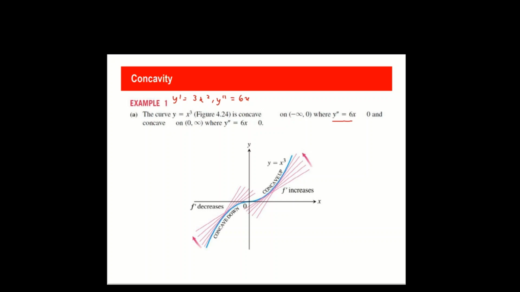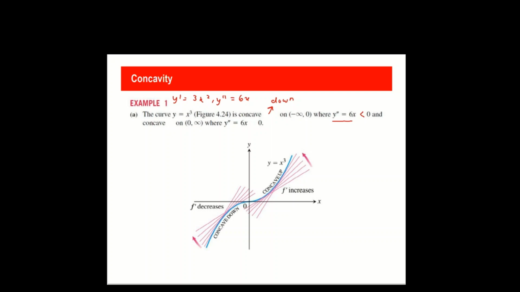So the curve y equal to x cubed is concave down, right? You can write it down: on the interval negative infinity to 0, because here the second derivative, that is 6x, is less than 0.